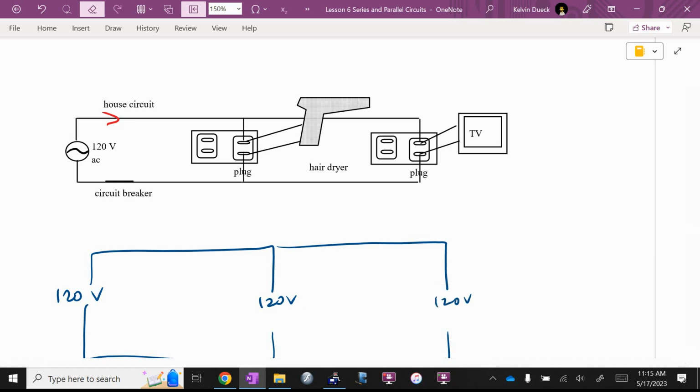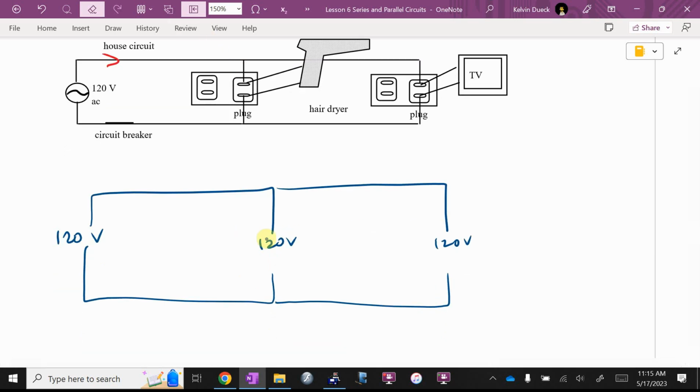And then they told me the power of the hairdryer. How many watts is the hairdryer? How many watts is the TV? I know two things. How many amps is the blow dryer? Well, power equals V times I, so get the I by itself.